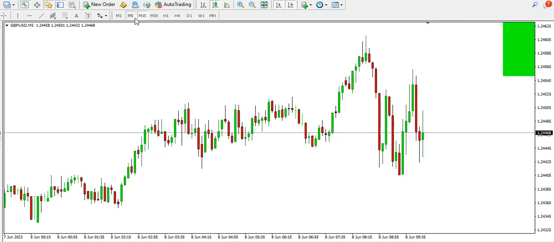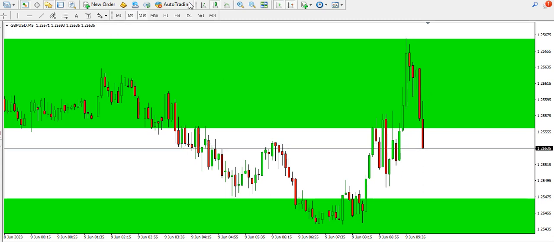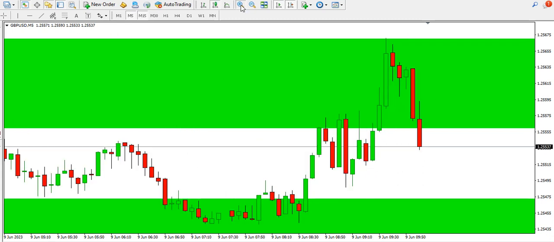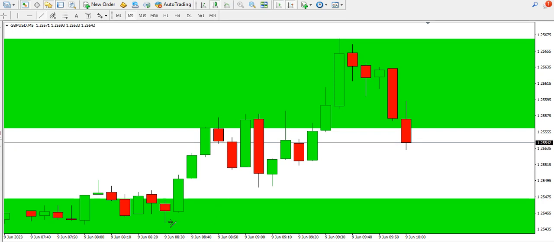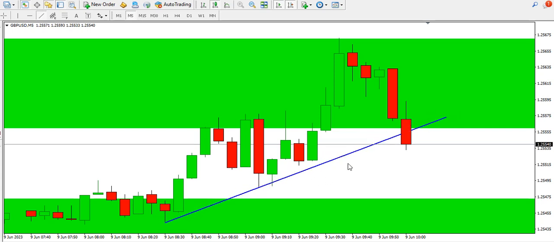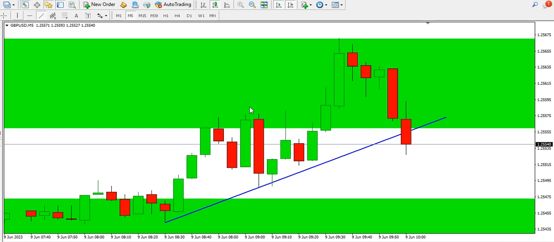On the 5 minutes time frame, price is currently ranging. Taking a look at the 5 minutes time frame, we can see the price action, more like the bears are stepping in as we have the break of this ascending trend line currently happening. Now we have the order block around here that might be tested.